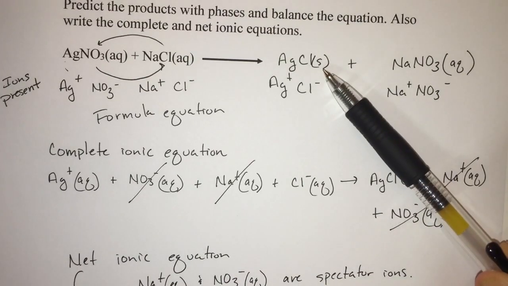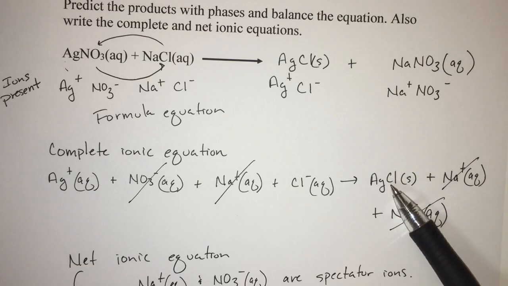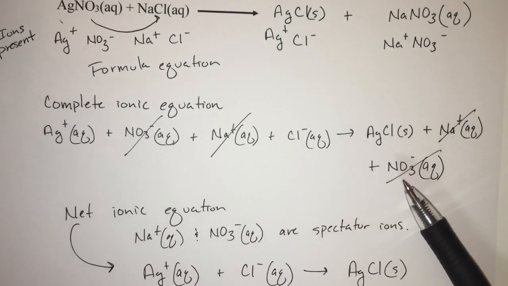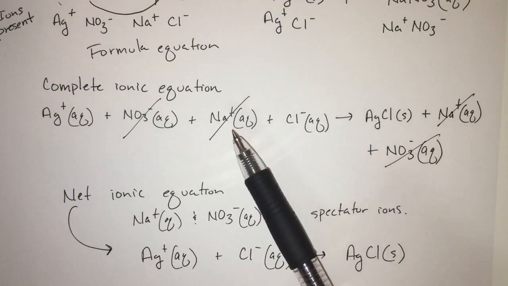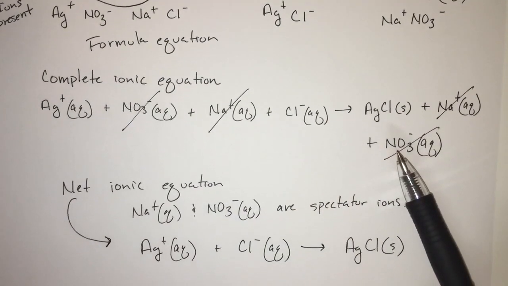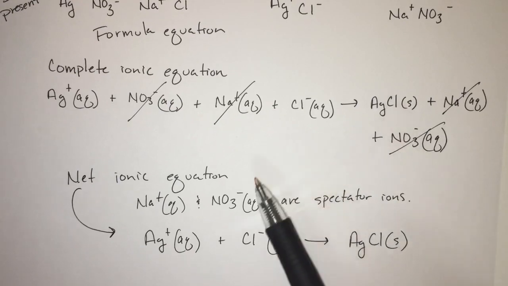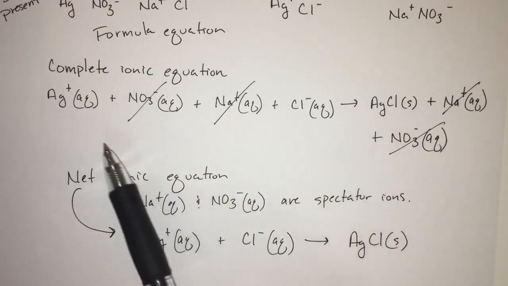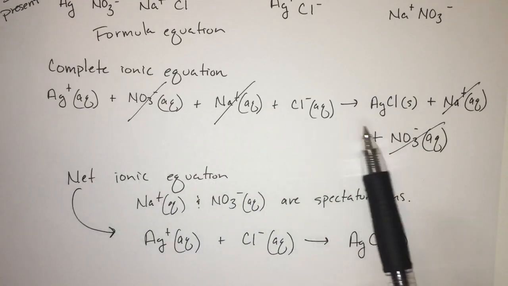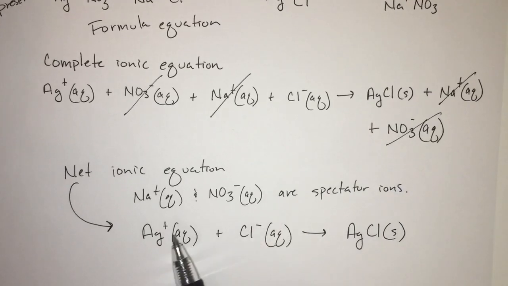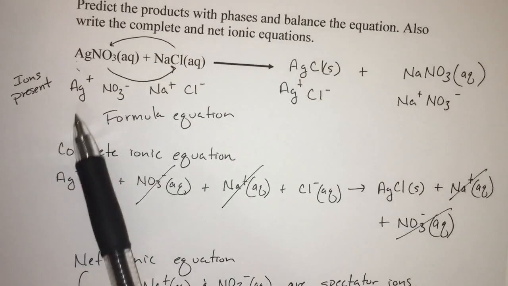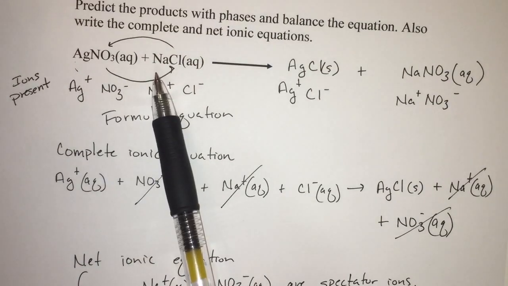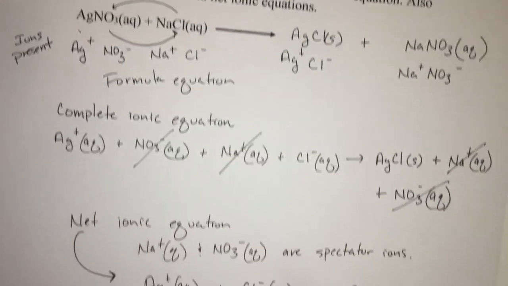The solid species stays as a solid in the complete ionic equation. By canceling out what appears on both sides, we were able to cancel out the spectator ions. Whatever was left over is our net ionic equation. So this is the chemistry. This is what actually happens when silver nitrate and sodium chloride solutions mix together.